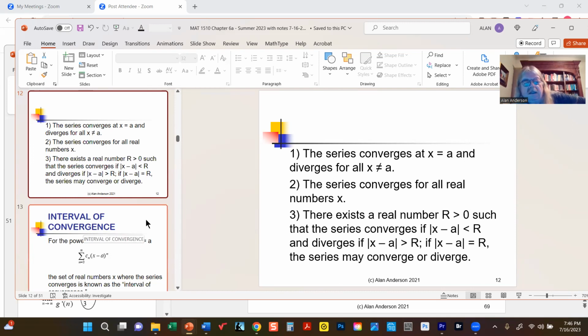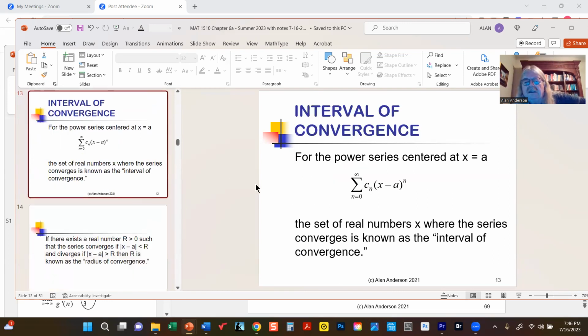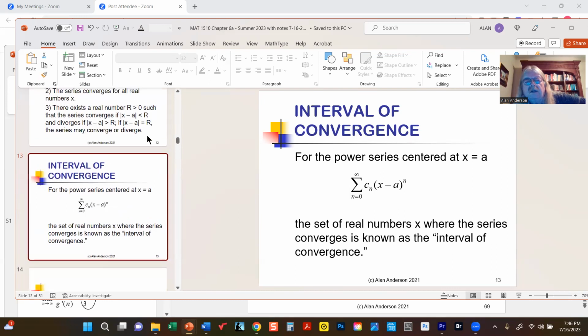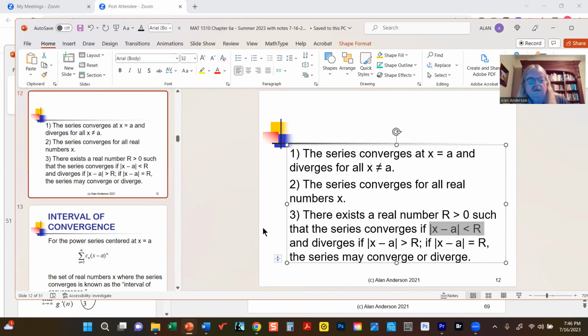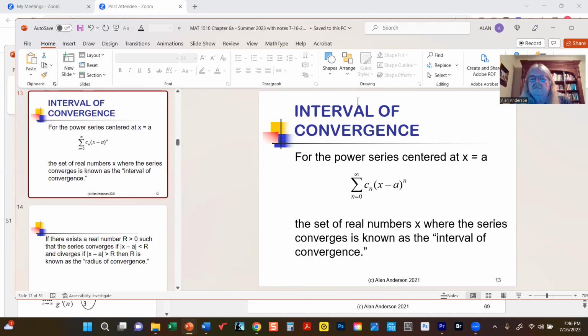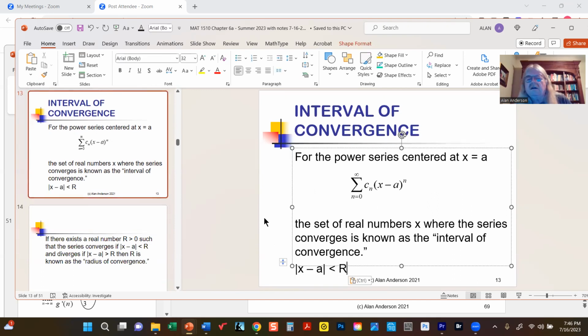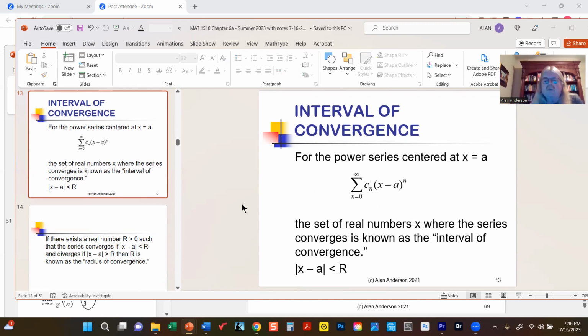Okay. So now, when the series converges for a set of real numbers, that is known as the interval of convergence. Like here, let's just say that the R is 1.